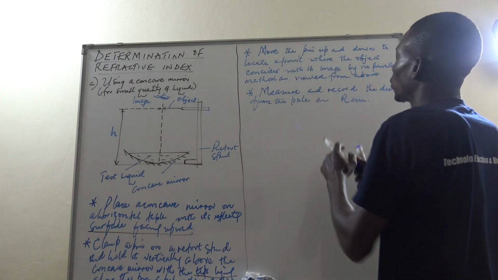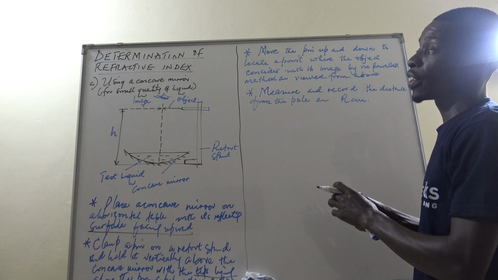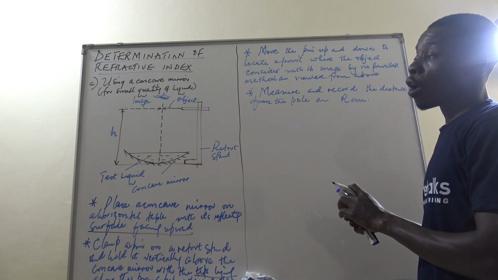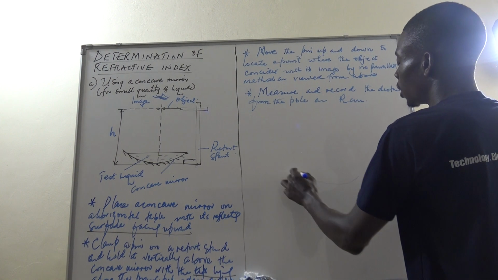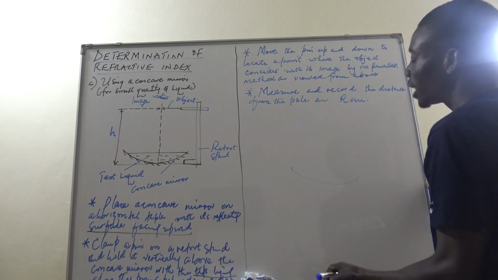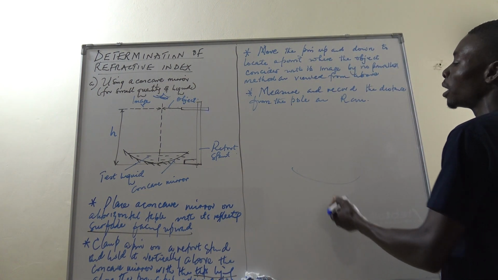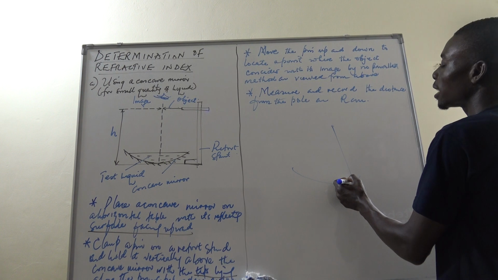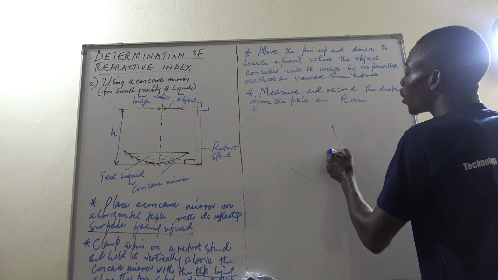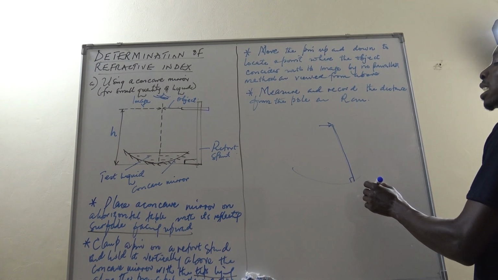Remember, so far this is an experiment of determining the radius of curvature of a concave mirror. When the object and the pin are at the same point, it means light rays coming from the object strike the mirror and return along the same path. That's why the object and the image are at the same point.